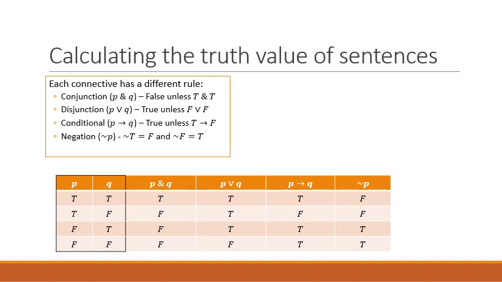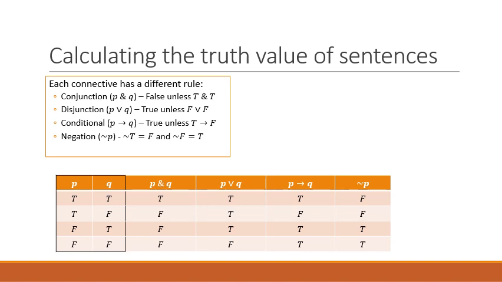The second and third row, you have one is true and the other is false. So maybe P is true and Q is false, or P is false and Q is true. And then you have the fourth and final possibility, which is that they're both false. So these are exhaustive, right? These are all the possible combinations that you could have.